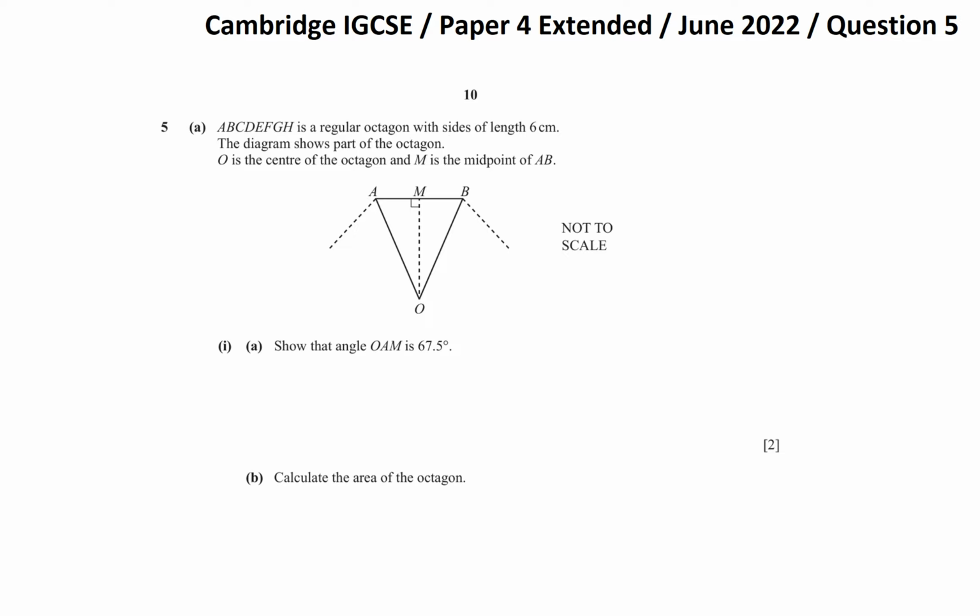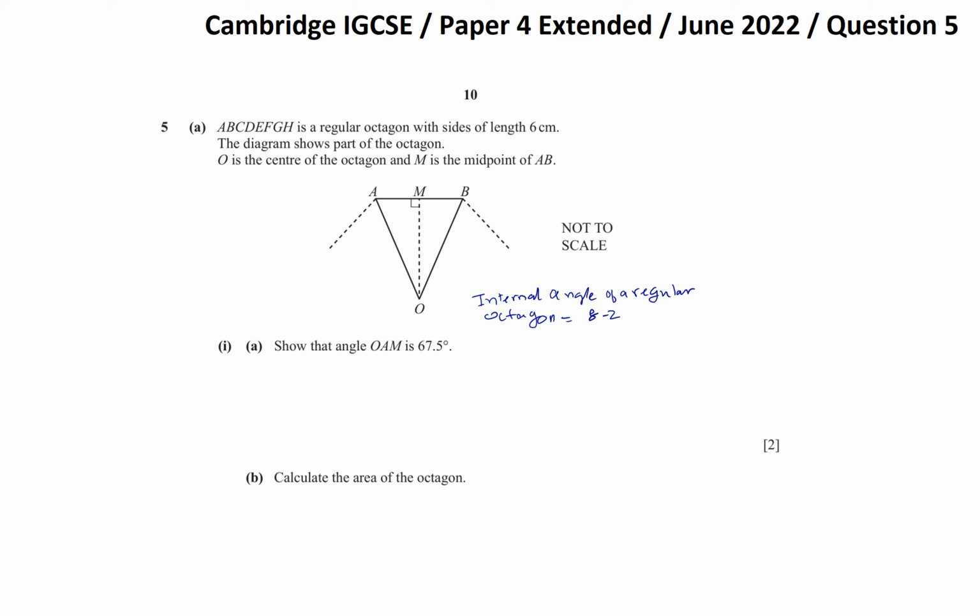So we work it out using the internal angles of a regular octagon. The internal angle of a regular octagon is equal to (n minus 2) over n times 180 degrees.